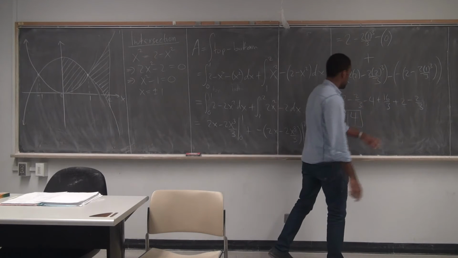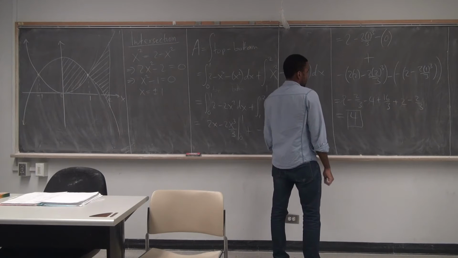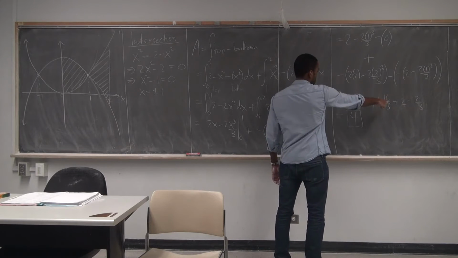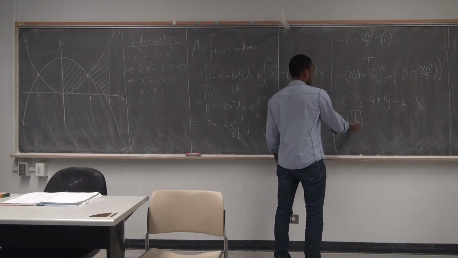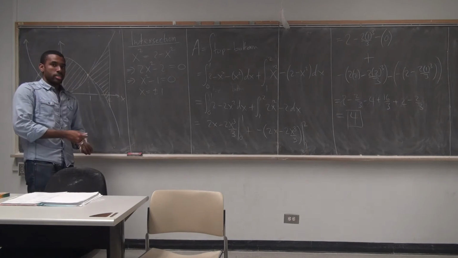So you just add all the integers together. This actually kills those, so it actually wasn't that bad. You have 16/3 minus 4/3, you get 12/3, which is 4. Questions?